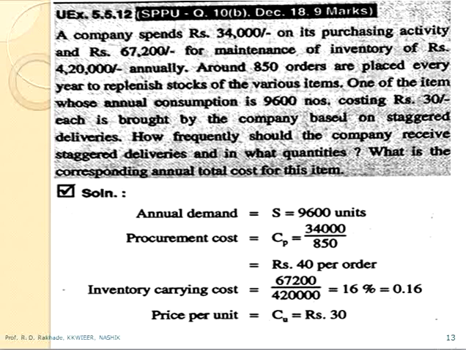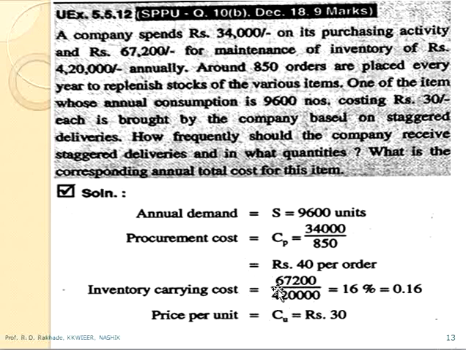Procurement cost: total cost for purchasing is 34,000 for 850 orders. So CP can be calculated as 40 per order. We want to calculate procurement cost per order, so 40 rupees is the procurement cost, that is the CP value. Then inventory carrying cost. The company spent 67,200 for inventory out of the total cost 4,20,000.